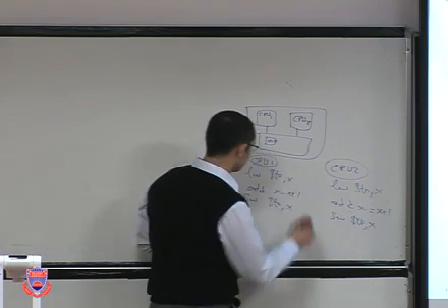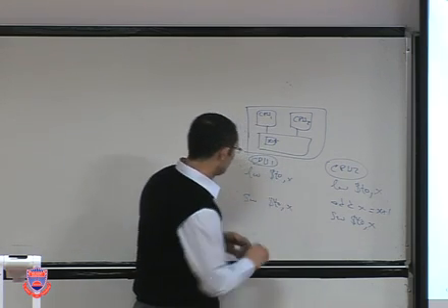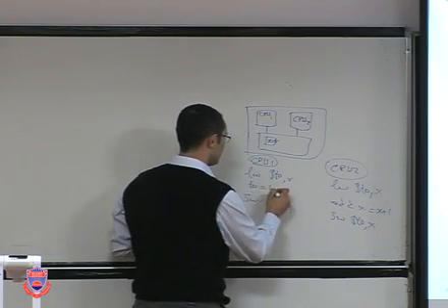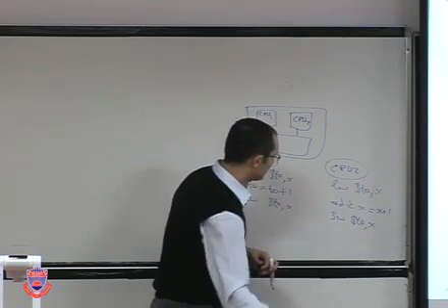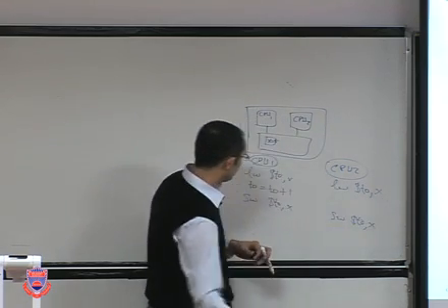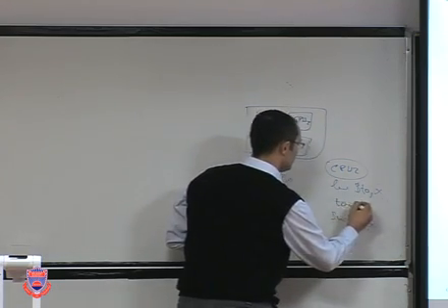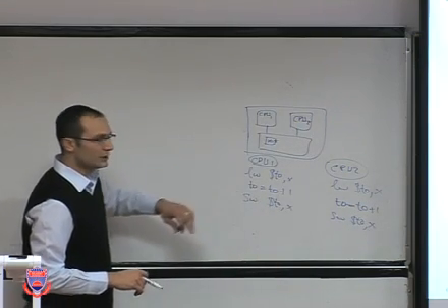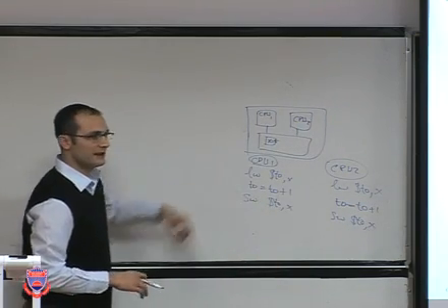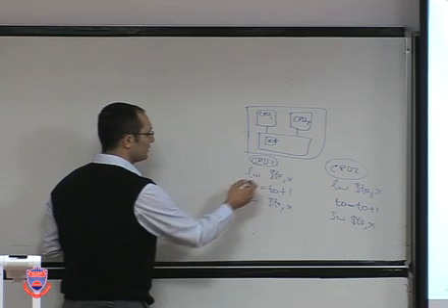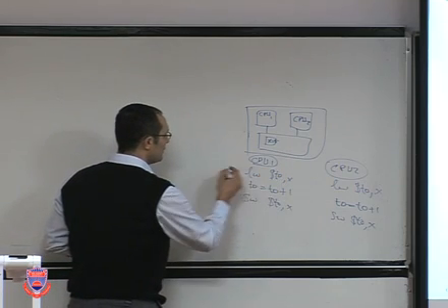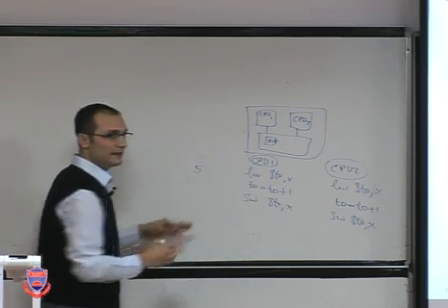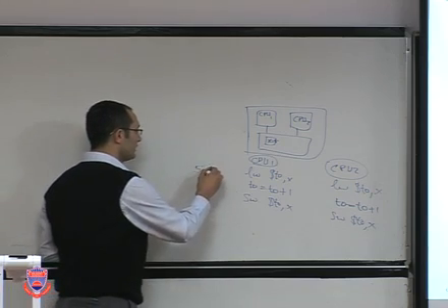So let's write it this way: T0 plus 1, and then this will make it clear. When you execute these two, the first processor loads the data into T0. Now T0 will have a value of 5, and then it's going to increment by 1.